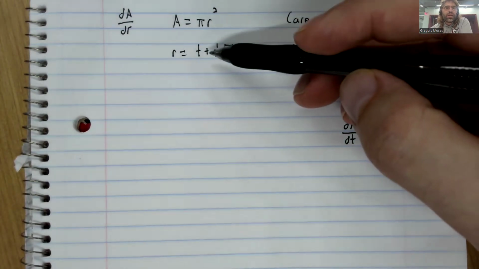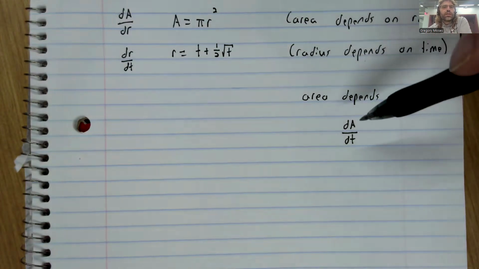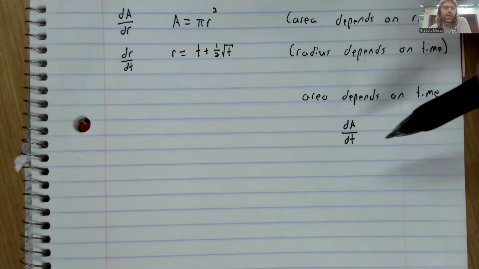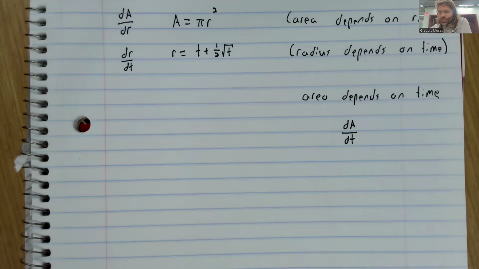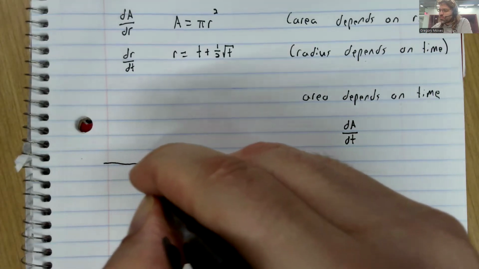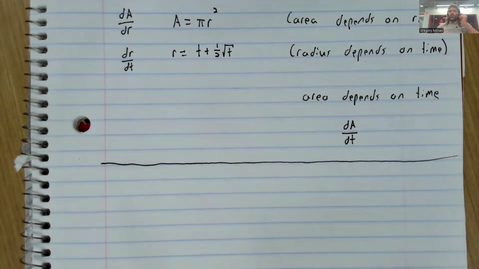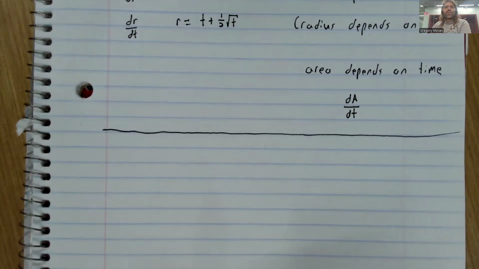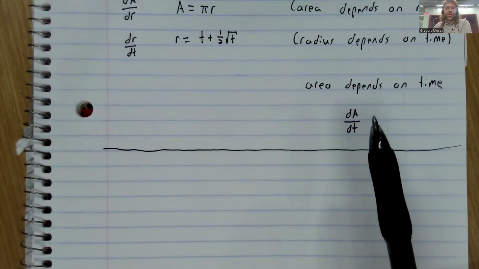If we took the derivative of the second equation, we'd get dr/dt, the derivative of the radius with respect to time. Neither of these is dA/dt. So the topic of the video is, how do we find dA/dt?